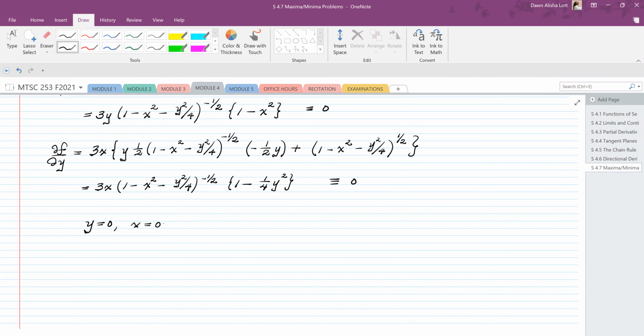But in this first equation, if y is not equal to 0, then x has to be plus or minus 1. Now, if x is 1 and y is not 0, then y has to be 2.